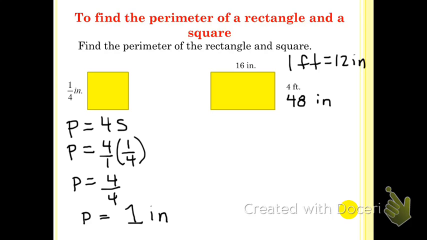Now remember, if we want to, we can find the perimeter simply by adding 16 inches plus 16 inches plus 48 inches plus 48 inches.